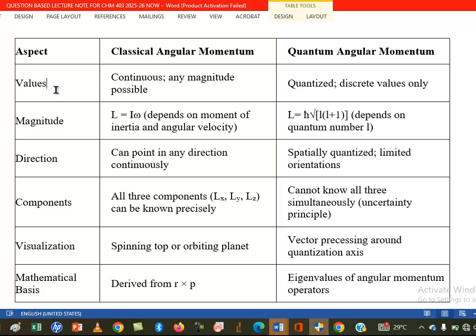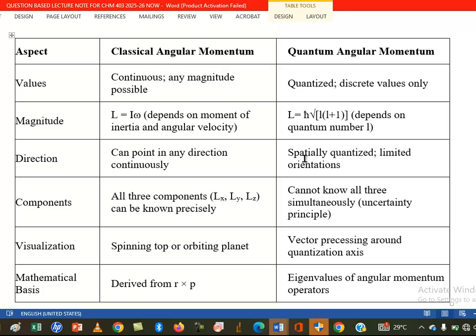So what's the value for classical? It's continuous. The value for quantum, quantized. Magnitude for classical is L equals I omega. For quantum it is L equals h bar square root of l times l plus 1. Then for direction, any direction, that's for classical.